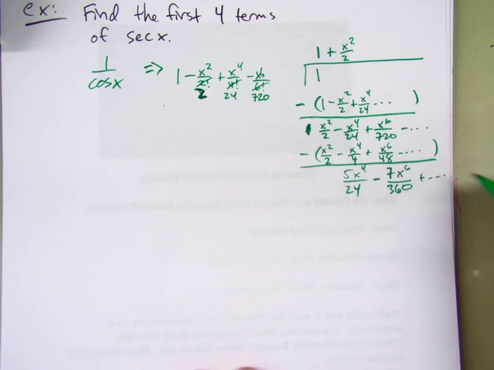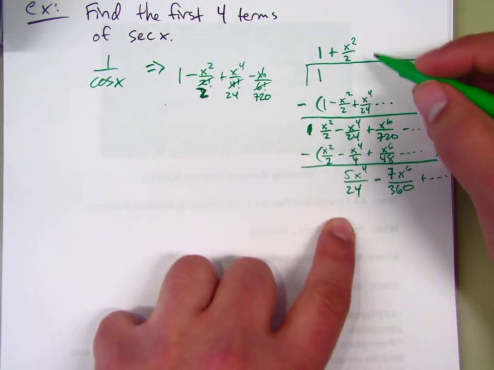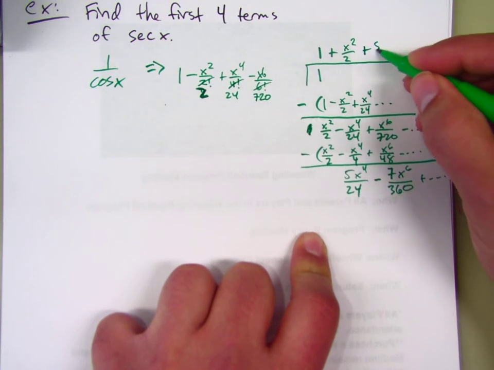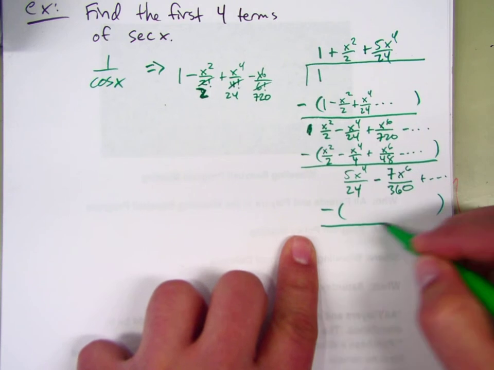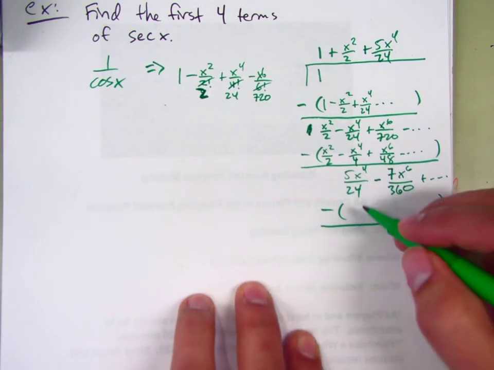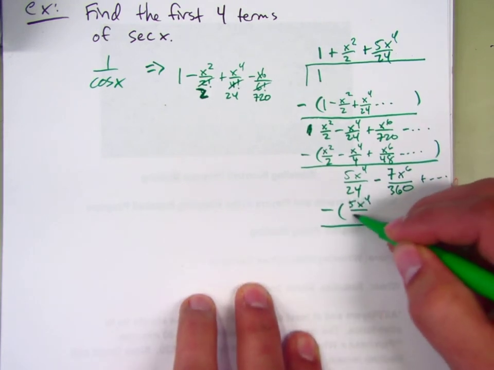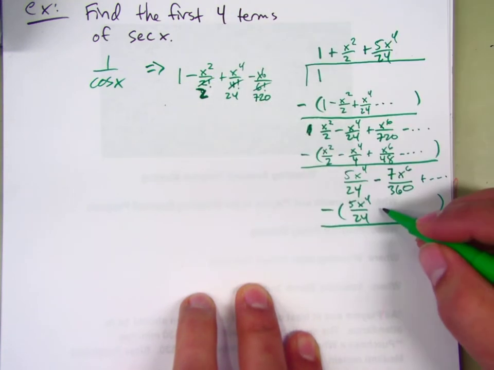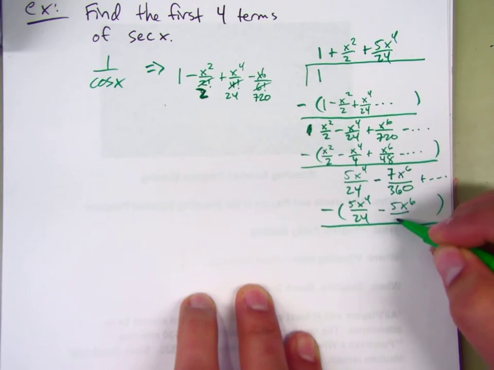Okay, I'll trust the calculator. And so on, but we don't need the other stuff because we're almost done. We just have to do this 2 more times. So what goes up here? Good. And now we multiply. Five x to the 4 over 24 times x squared over 2 becomes minus 5x to the 6th over 48, and so on.